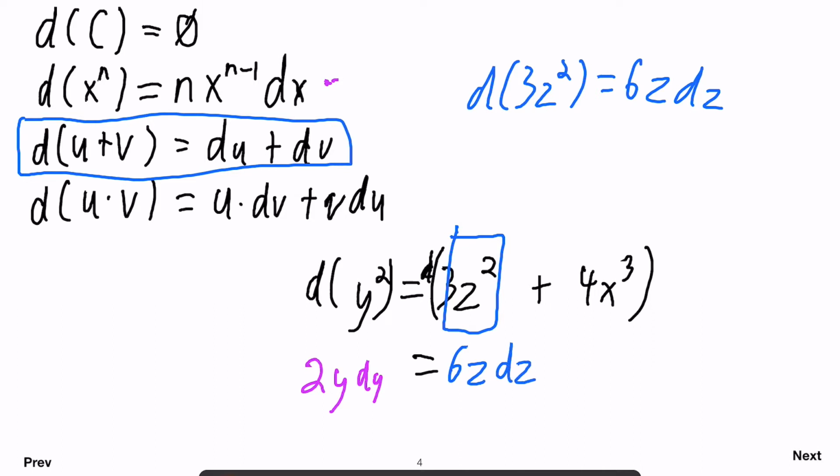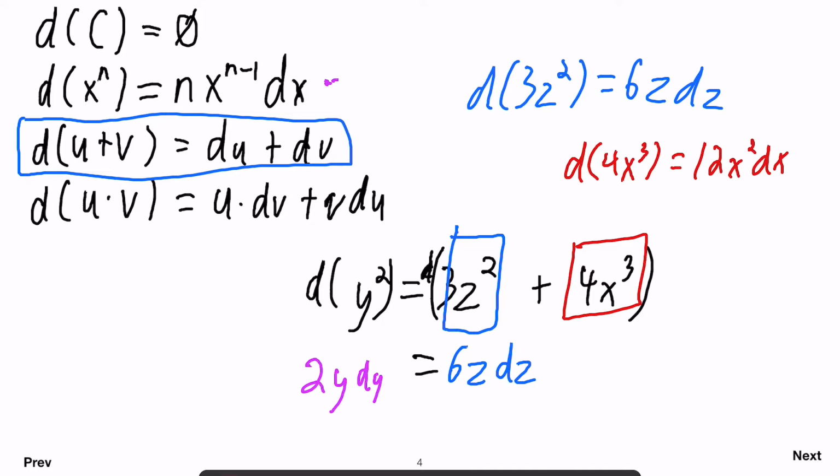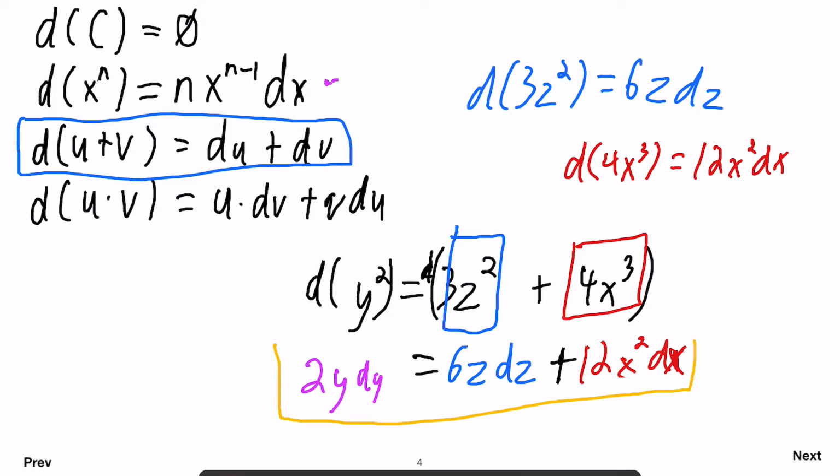And the differential of 4x cubed is equal to 12x squared dx. So now we have a differential that is multivariable.